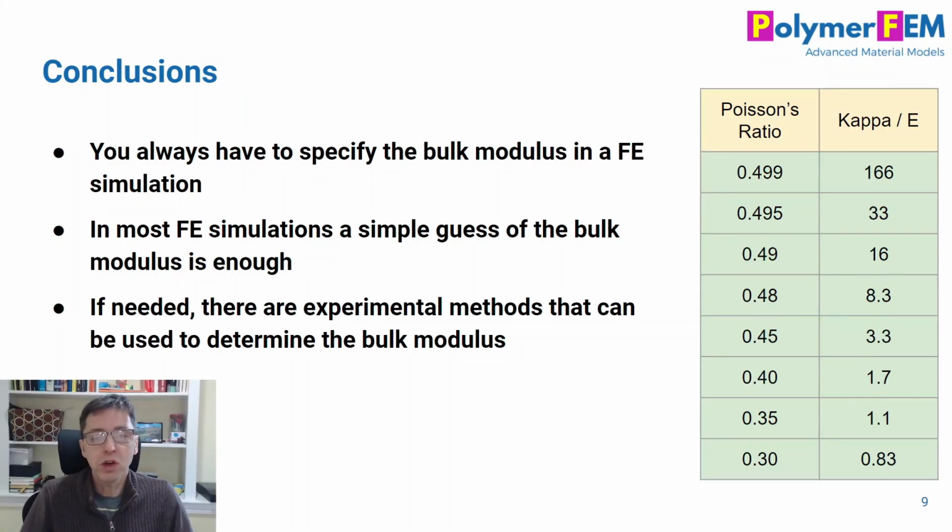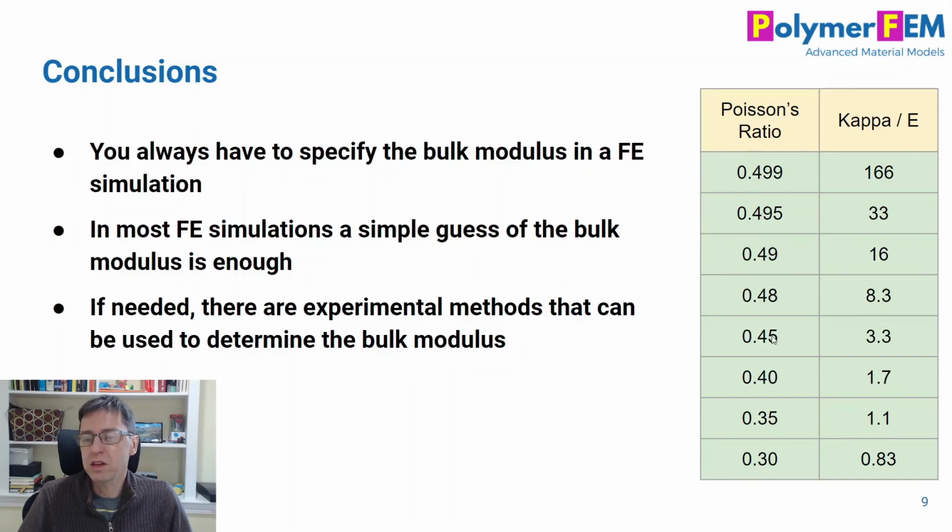So, as we've shown here, the bulk modulus is always needed in your finite element simulations, but very rarely does it make a big difference. Often it's good enough to guess it, as long as your guess is reasonably good. And here's a little table that I find helpful. It shows you for a given Poisson's ratio what is kappa divided by the Young's modulus.